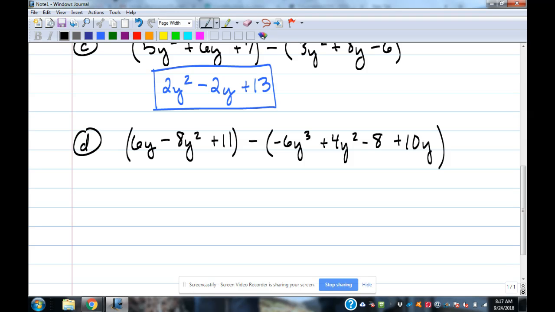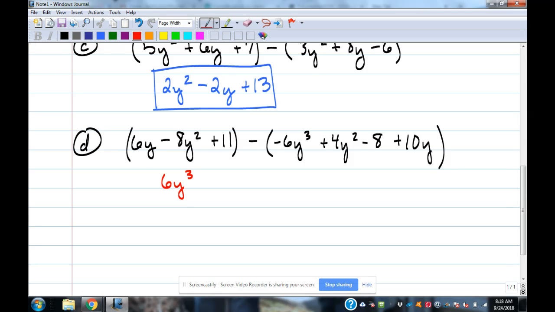So what's the y cubed going to be? But it's minus negative 6, so it ends up being positive 6y cubed. Easy stuff, right? And then we go to the next power of y, which is y squared.